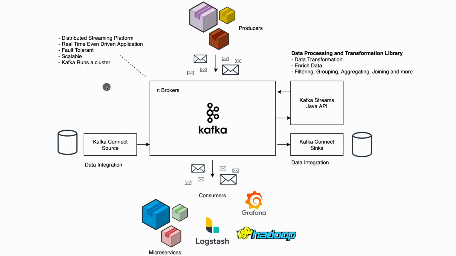Kafka is a distributed streaming platform that allows producers to send events of streams right here to the broker, and then consumers can actually receive those events. And the way it works is through topics, and I'm going to explain topics in a second. Now, you might be wondering why distributed?